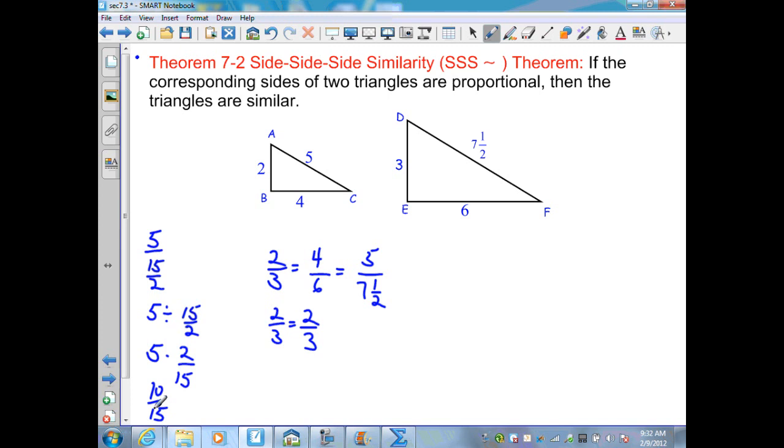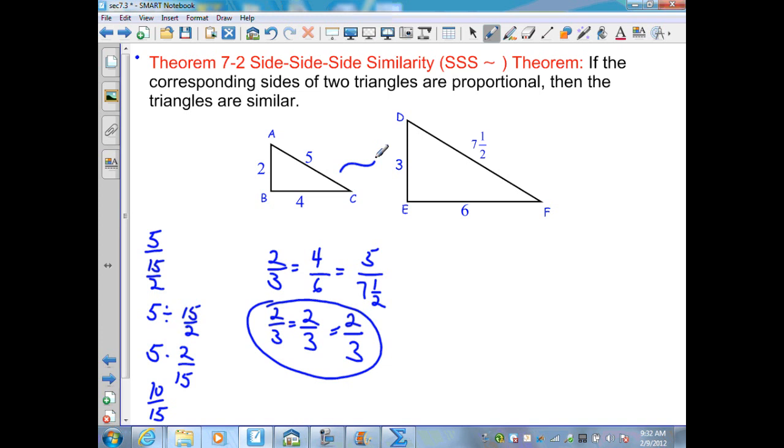And when I simplify 10 over 15, 5 goes into both. That gives me 2 over 3. Therefore, the sides are in proportion. That means that these two triangles are similar by the side, side, side similarity theorem.